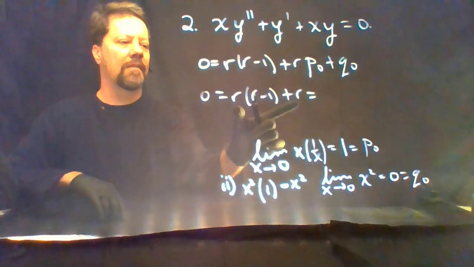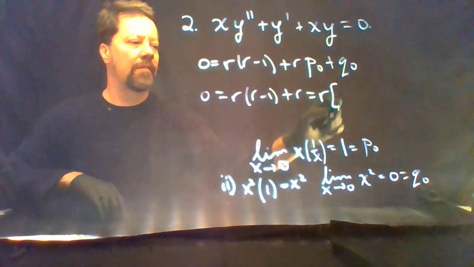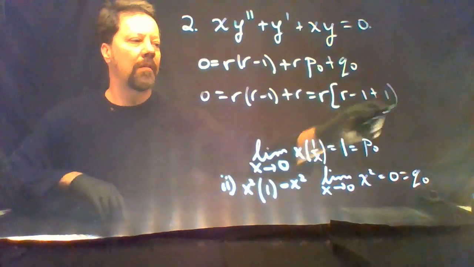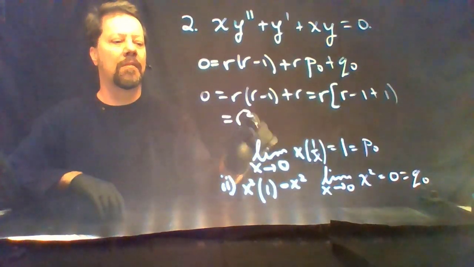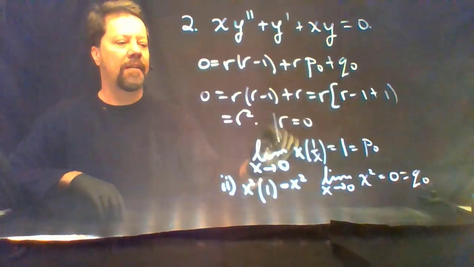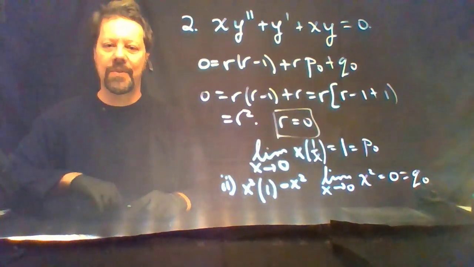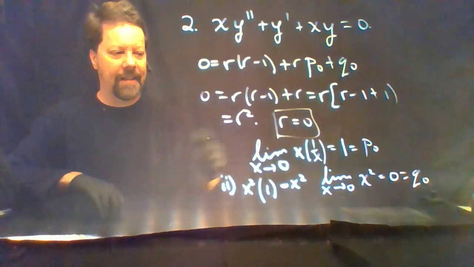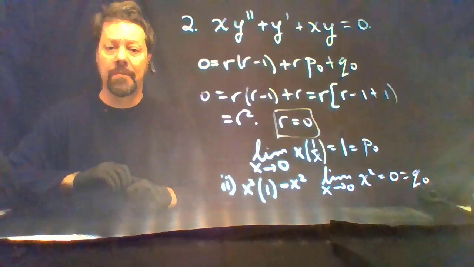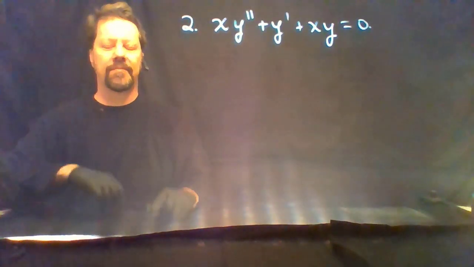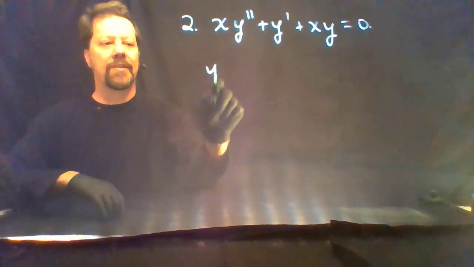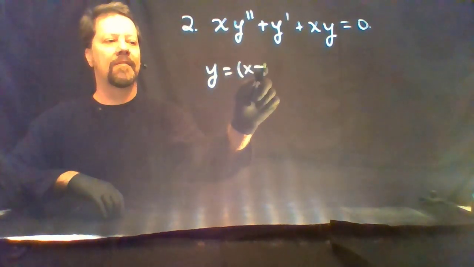This r can be factored out, and we get r = 0. That's a special case, which means that our solution must be analytic. Normally, solutions look like this.